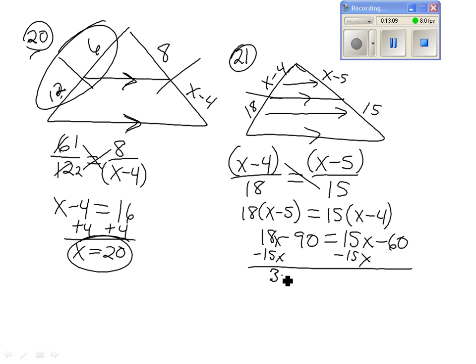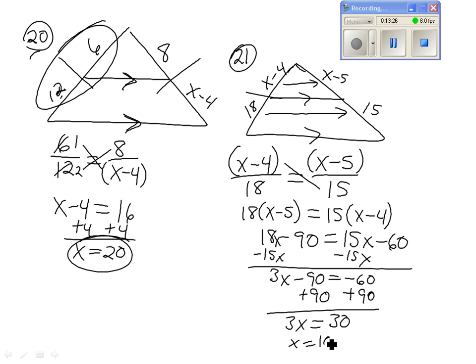You end up with 3x minus 90 equals negative 60. Add 90 to both sides. 3x equals 30. Divide by 3, x equals 10. All they wanted us to find was x, so that's it for that one.